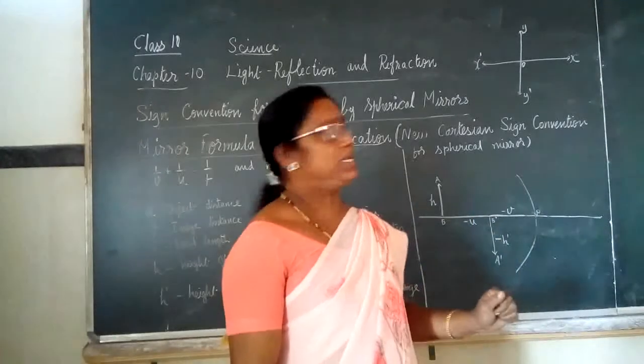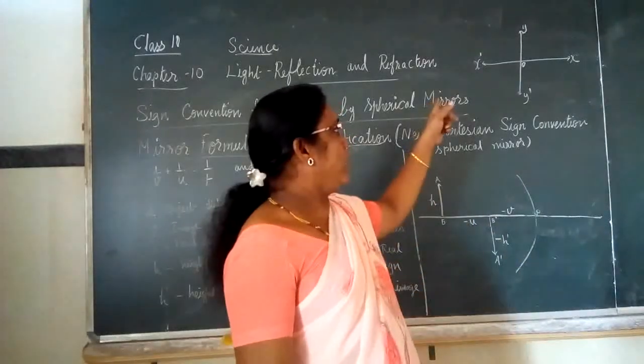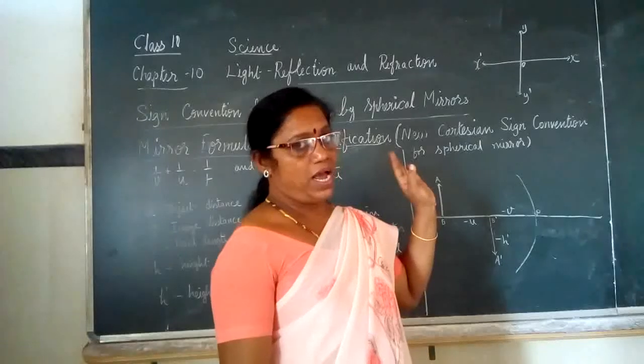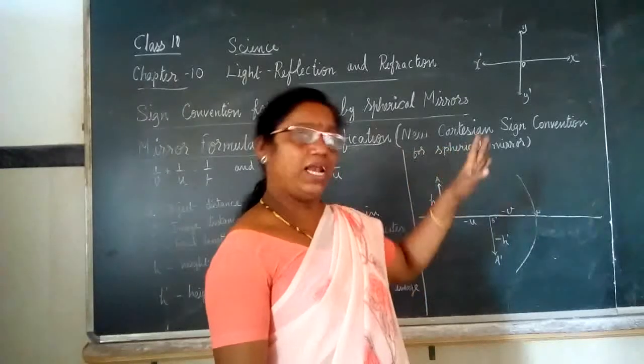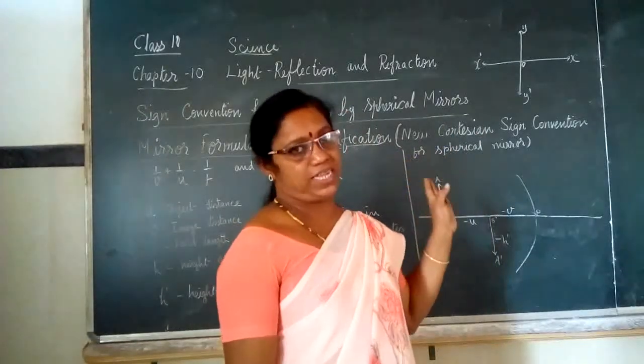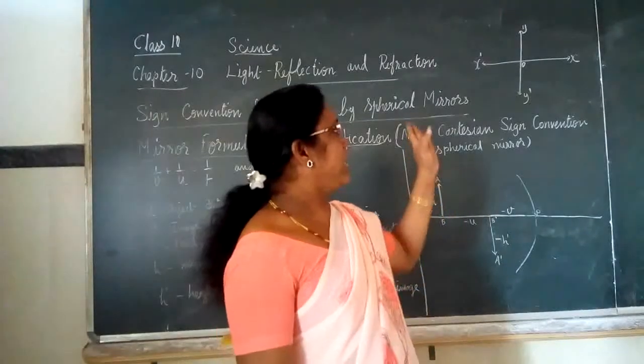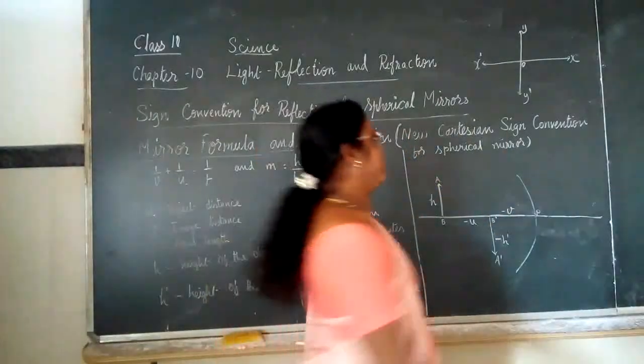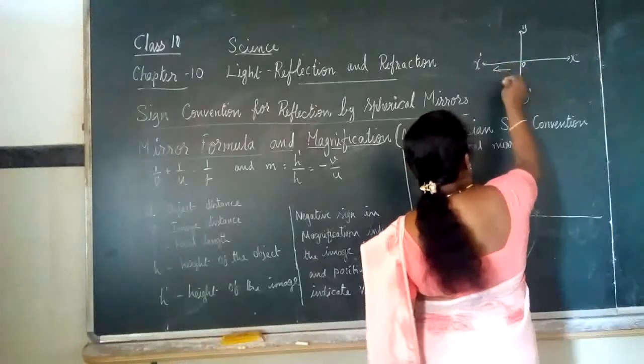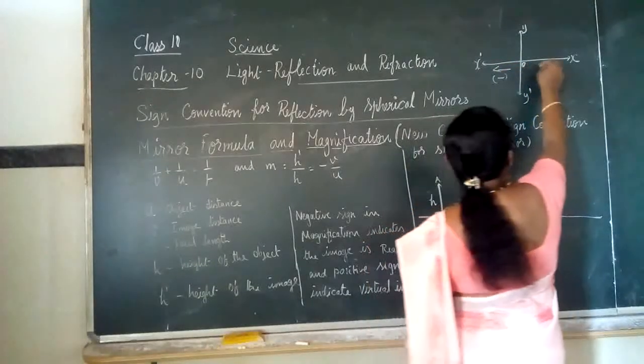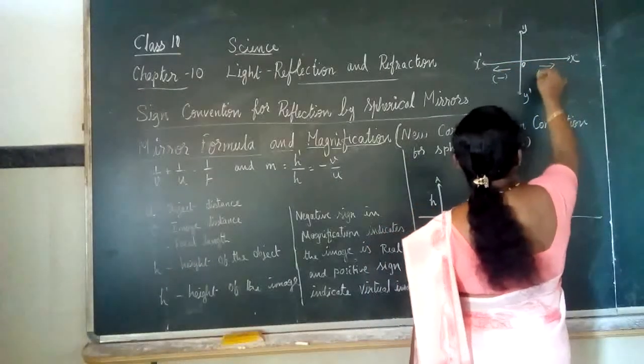In a Cartesian plane, O is the origin, and the values on the left side of O are taken as negative and on the right side as positive. So these are negative values and these are positive values.